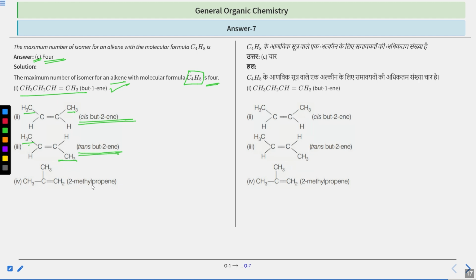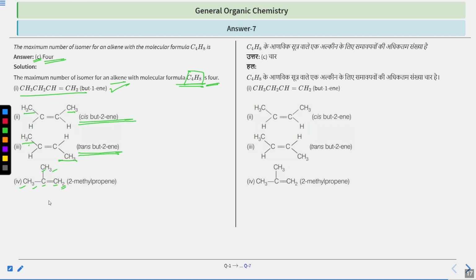And the fourth isomer will be this. You can rearrange the structure like this, with a C having 2 methyl groups attached to it, double bond, CH2. You can count that the number of carbons is 4 and hydrogens is 8: 3 plus 3 is 6, 7, 8. So all 4 of these isomers have the same molecular formula, C4H8.